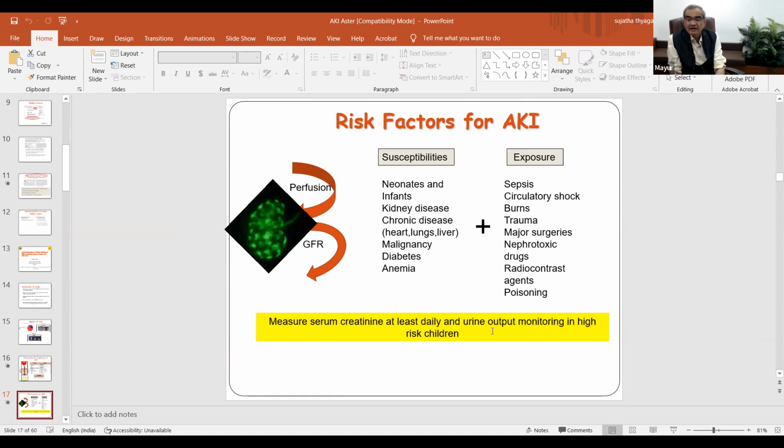So susceptible are, if you are a neonate, you are at more risk compared to an older child. If you already have chronic kidney disease, chronic other diseases, malignancies, diabetes, anemia, all these are risk factors. And of course, the other exposed factors are sepsis, circulatory shock, burns, trauma, major surgeries, nephrotoxic drugs, radiocontrast-induced injury, and poisonings.